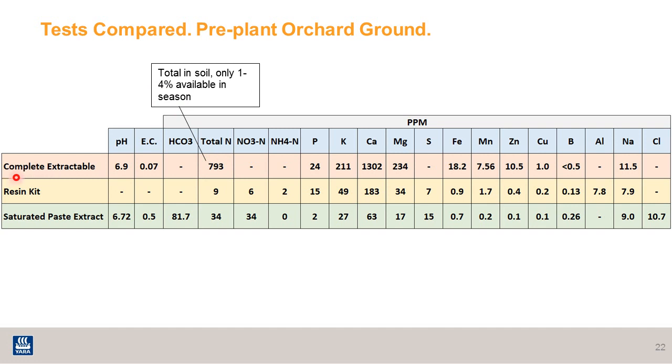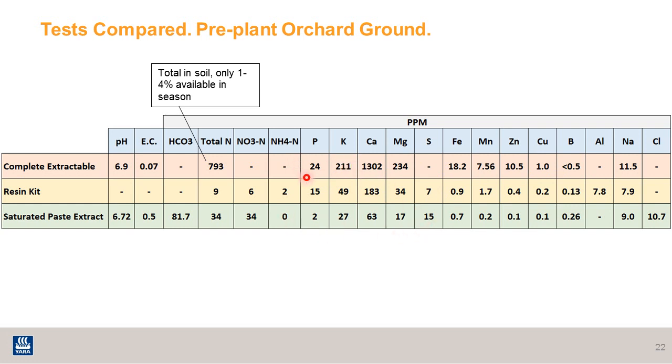Now, moving on, you can see that the complete extractable, first of all, it gives you all this value, but one thing that will jump out immediately is that these numbers are high, a lot higher than these two numbers down here.